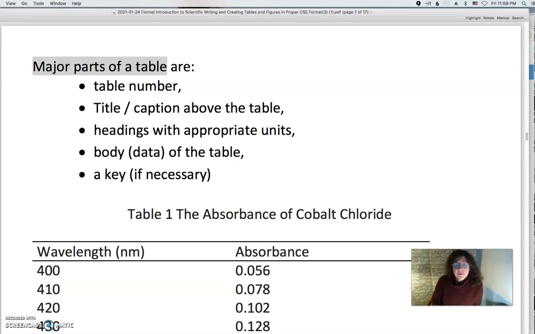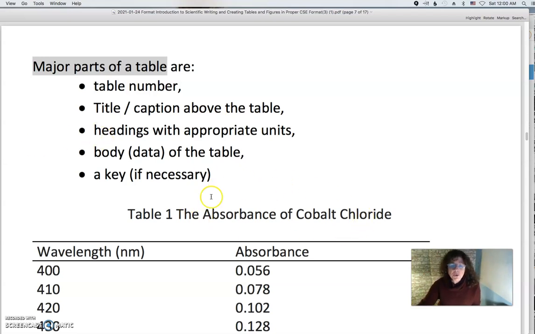The major parts of those tables, as you know from reading up on the file as well, are that tables in this CSE format have a table number at the top of the table and a title or a caption.